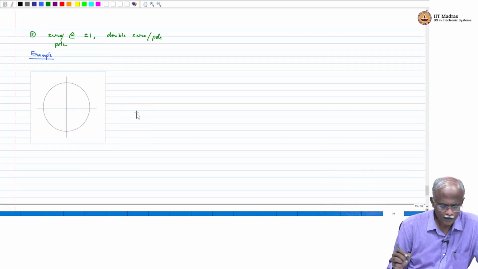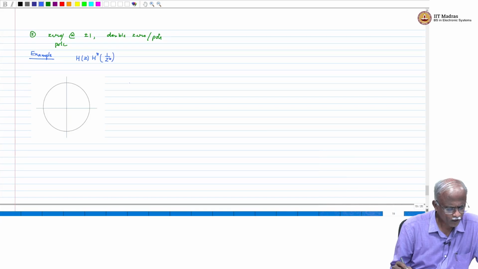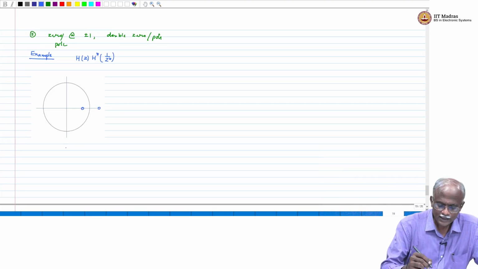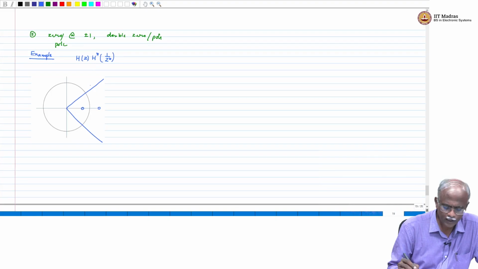Okay, here is the pole zero plot. It's a magnitude squared transfer function, H of z, H conjugate of 1 by z conjugate. The first set of zeros are on the real axis, a reciprocal conjugate pair. The second ones are a complex conjugate pair, so you will basically see these values.